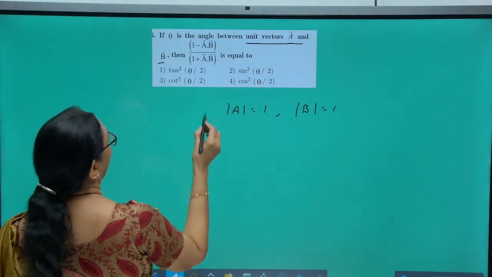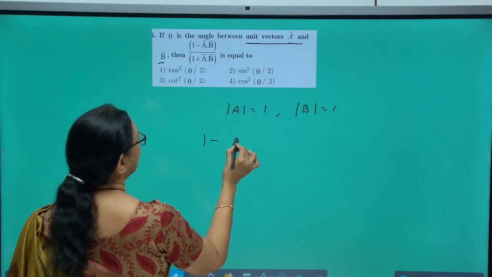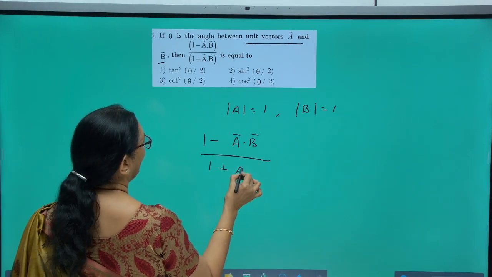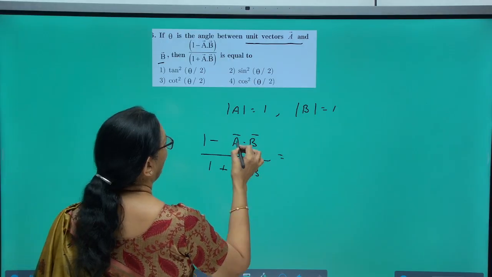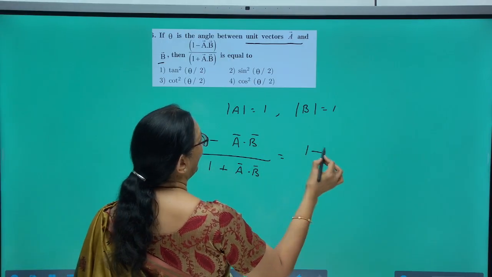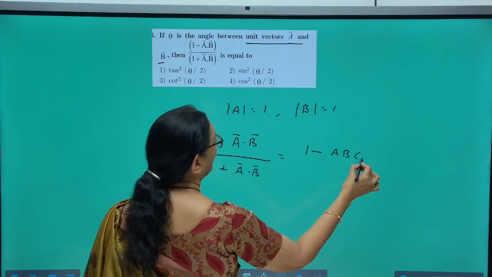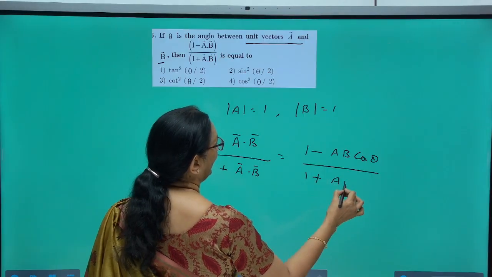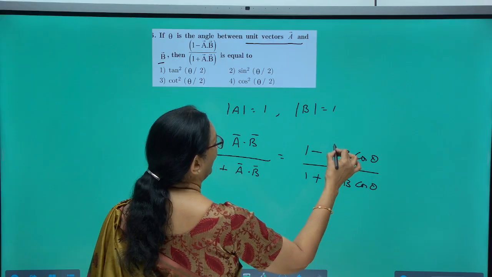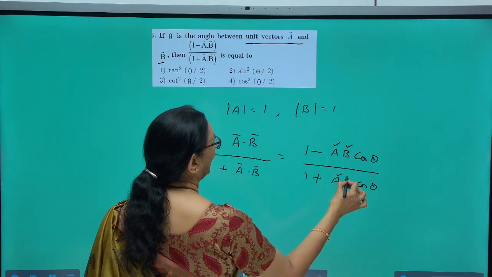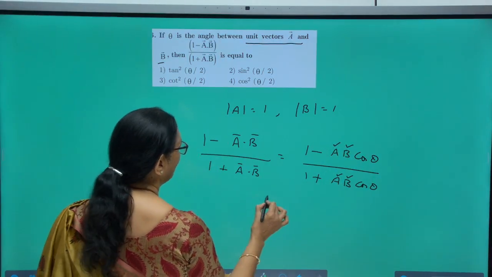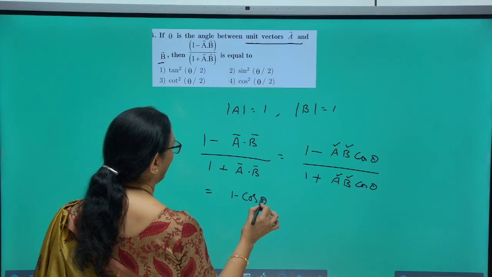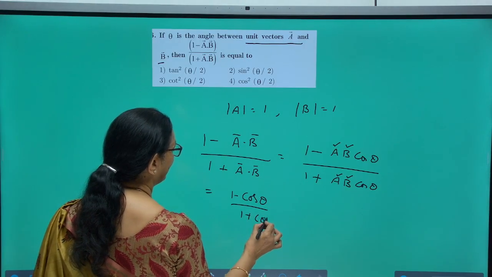Now, you are asked to find this value: 1 minus A bar dot B bar by 1 plus A bar dot B bar. 1 minus A bar dot B bar is AB cos theta by 1 plus A dot B is AB cos theta. So, as A, B are unit vectors, AB becomes equal to 1.